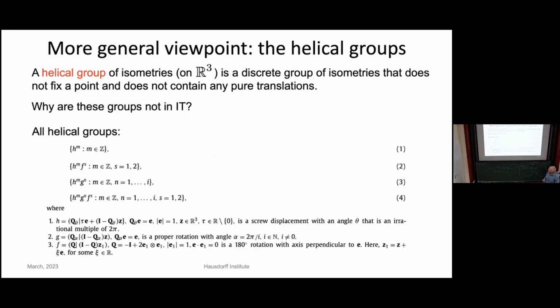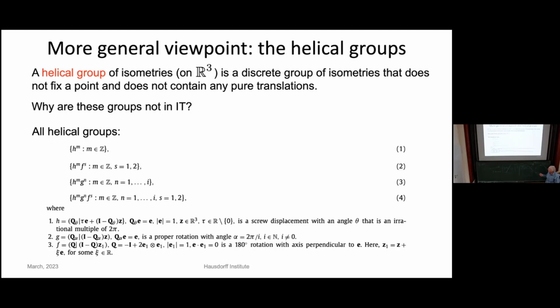Yeah. It's the free group generated by those as well, because the angle of G is 2 pi over I. So, I mean the other group, and they commute. Because otherwise you would have something like H, G, G, H, they would all be different.